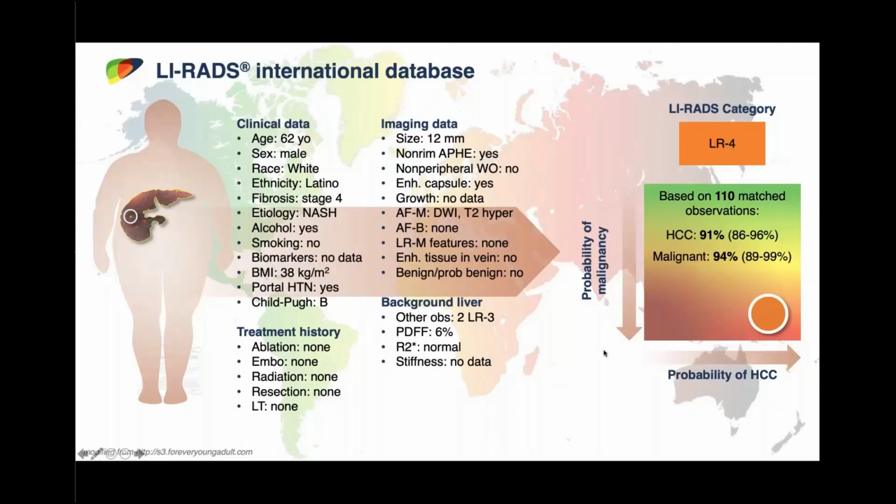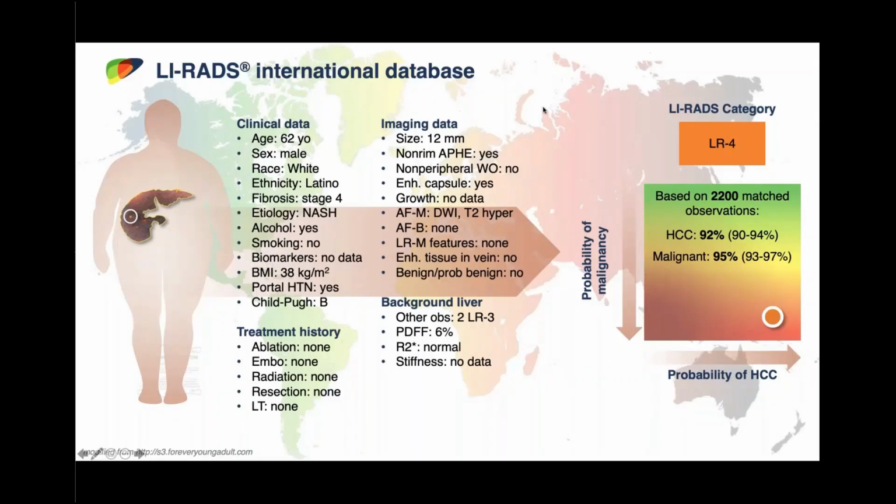But a couple years later, instead of 100 matched observations, we might have 2,000 matched observations. And now suddenly I have a much more focused and narrowly defined probability of HCC and malignancy.